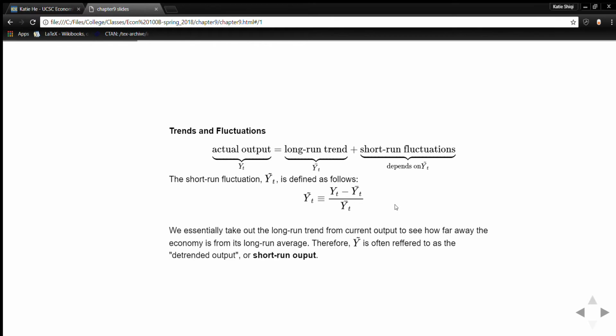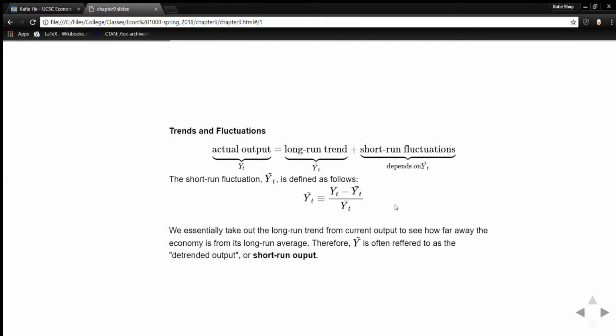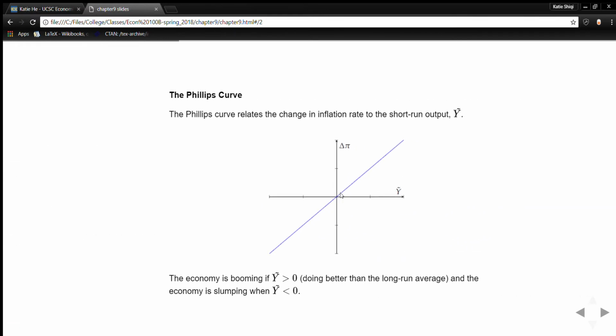And same thing on the other side, when y tilde is less than 0, we have yt is less than y bar, so we have a negative number on the numerator. And that means that we're doing worse than the long run average. Okay, so the reason behind studying the Phillips curve is that we want to understand how the inflation will fluctuate due to the changes in the output. And we're going to talk a little bit more about the slope of the Phillips curve in a little bit.